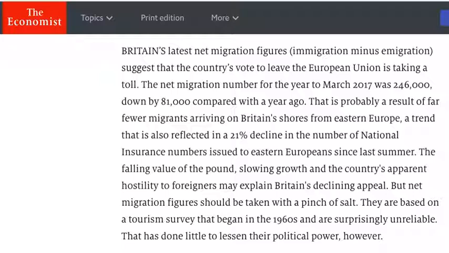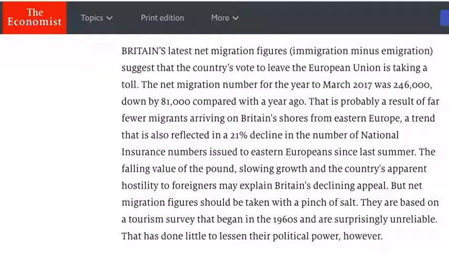The numbers will change, but the way you write the statement will not. It could be up by 81,000. Here it's down by 81,000. Compared with a year ago, compared with 2 years ago, compared with 5 years ago. You can change and play with the numbers.